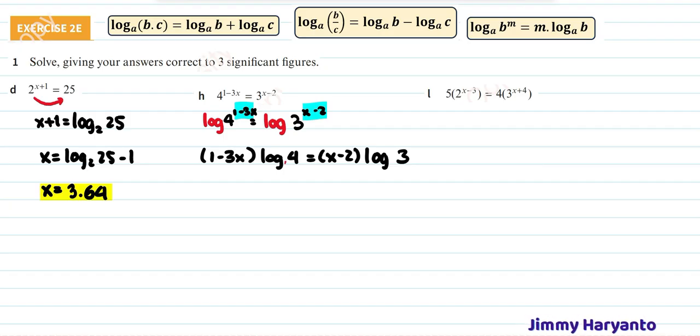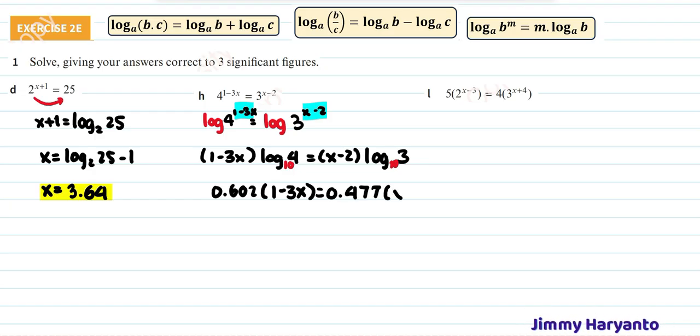Okay, I will use logarithm of 10 to make it easier. So let's calculate log 10 of 4. It's 0.602 times 1 minus 3x equals, for this one is 0.477 multiplied by x minus 2.